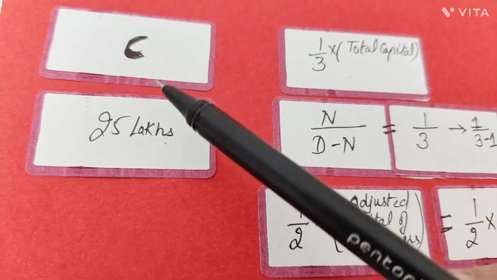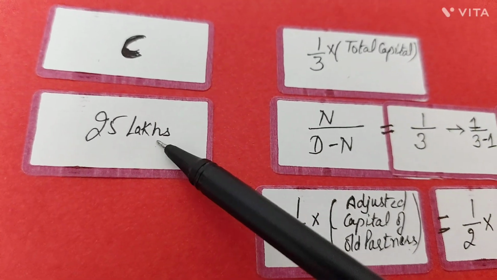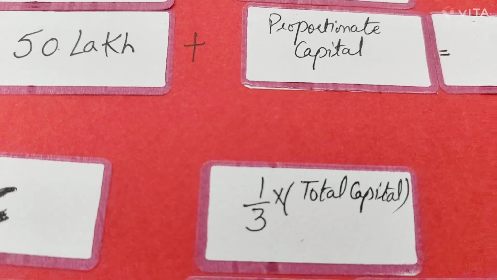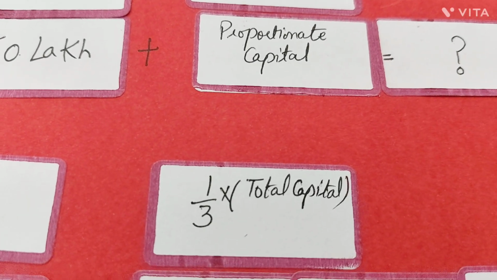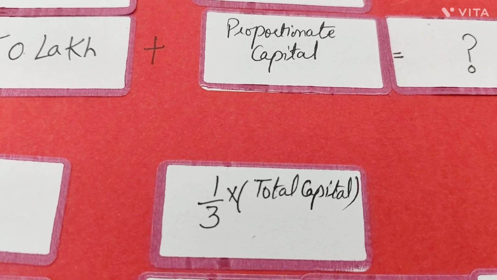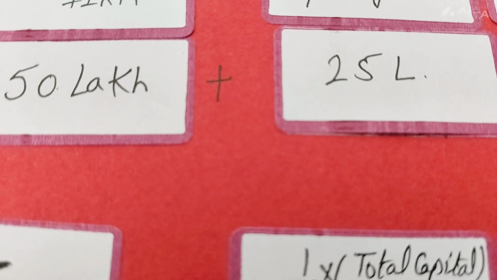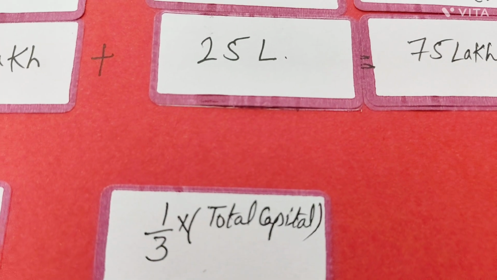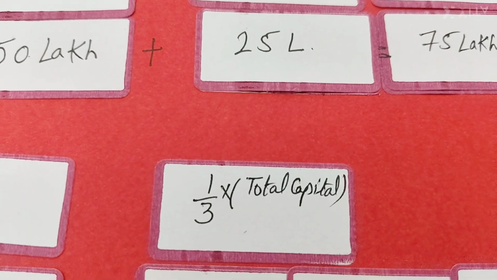So how much is C supposed to bring in? 25 lakh. Now let's check. The question was 50 lakh plus proportionate capital equals the total capital. Now the proportionate capital we got is 25 lakh. So 50 plus 25 lakh gives you the total capital of the firm, that is 75 lakh.